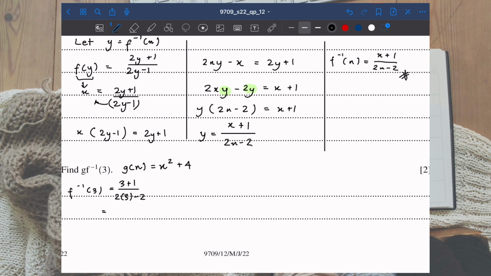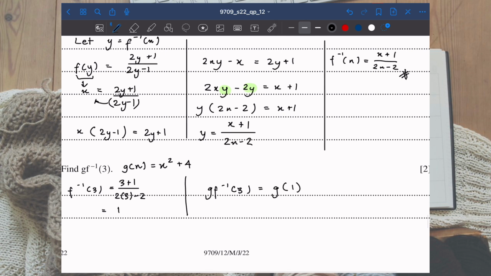So this gives us 1. So gf inverse of 3 is also the same as g(1). So this will be 1 squared plus 4, which gives us 5. So that is your answer for part C.